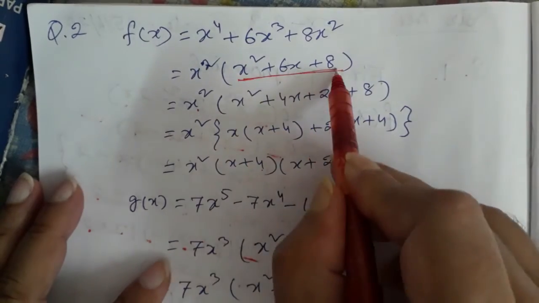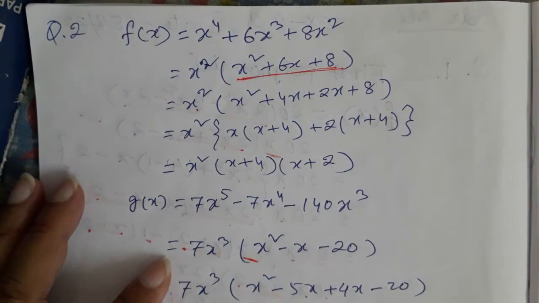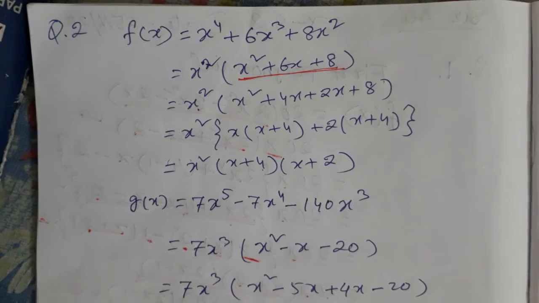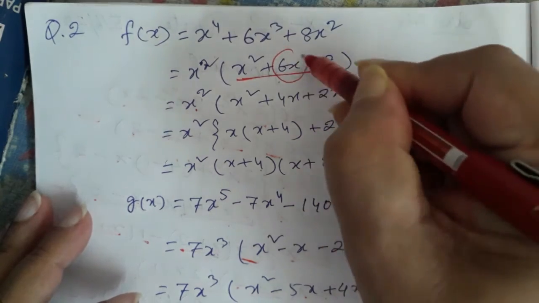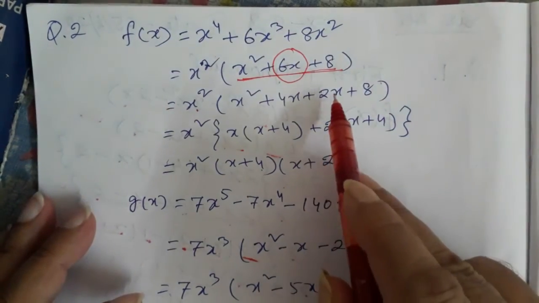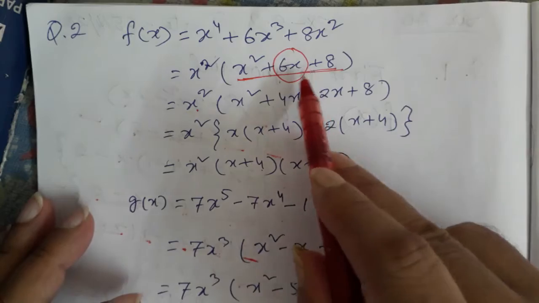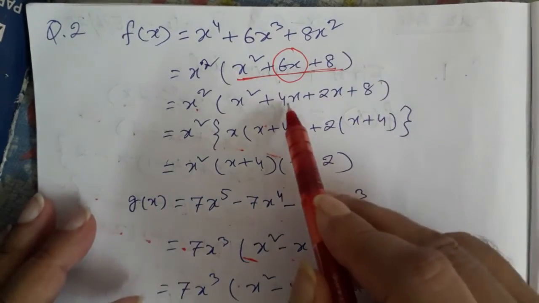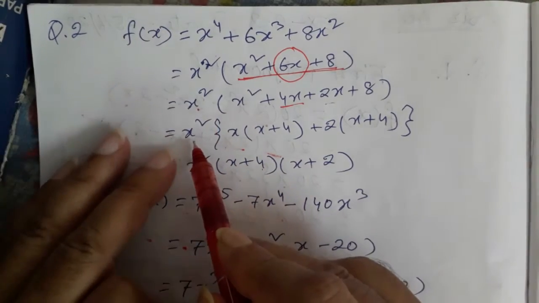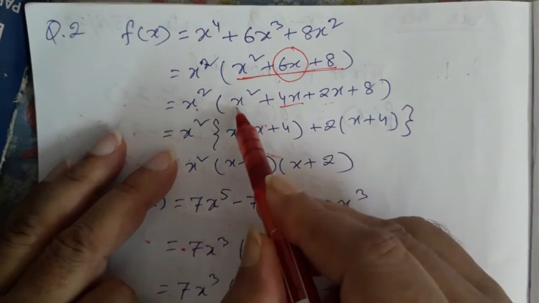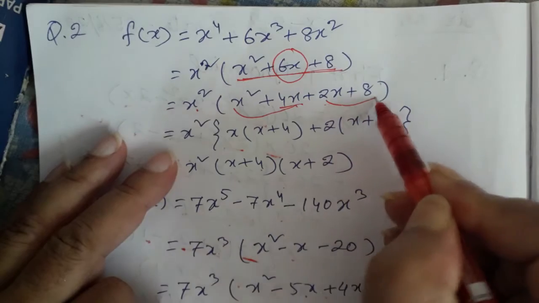Then the second part we have to do by splitting the middle term factor, as we have studied in class 9. Here middle splitting means the middle number we have to divide into two parts. So the sum will be 6x and the multiplication will be 8, that is 4x and 2x. X square you also write as it is, and then here 2 pairs are there.